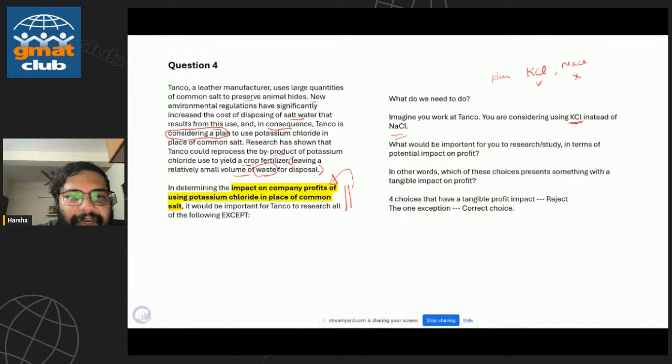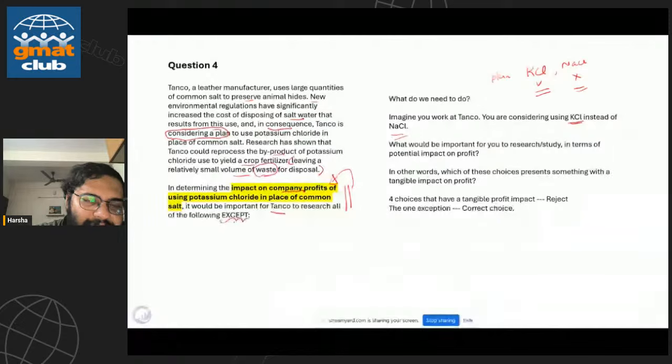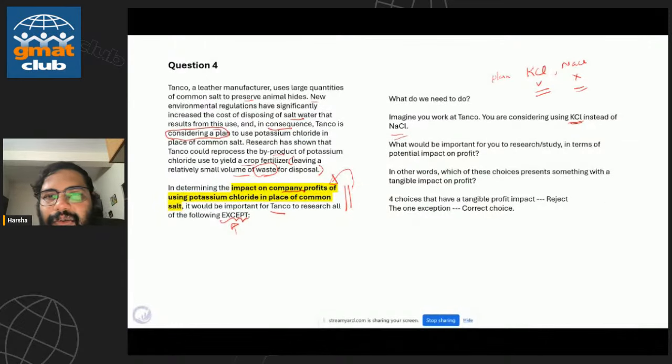But what's the question? In determining the impact on company profits of this particular plan, which is using potassium chloride in place of sodium chloride, it would be important for Tanco to research all of the following except what? That's the question. So imagine you are that guy who's working for the strategy team at Tanco. I'm sure a lot of you guys would be doing things like this. Perhaps not at leather companies, but yeah. So imagine you work at Tanco. You're a strategy guy there.